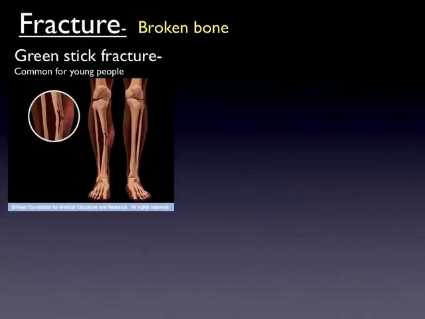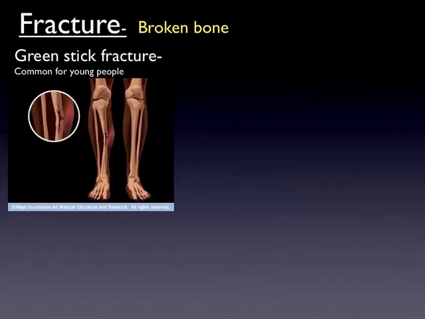The name comes from this: if you have a dry piece of wood on the ground, you pick up a twig and snap it, it snaps cleanly, right? Two pieces. That would be more like an adult bone. But if you take a green piece of branch that's still on the tree and you crack it, it doesn't snap cleanly.